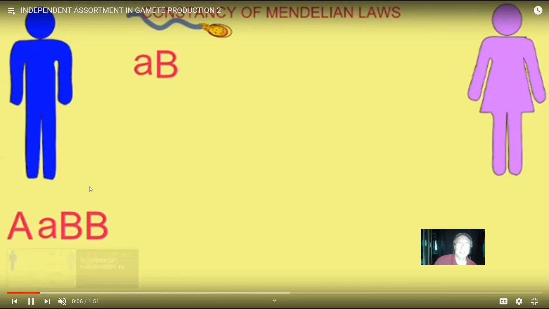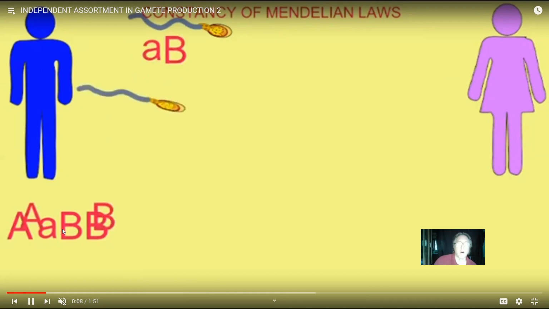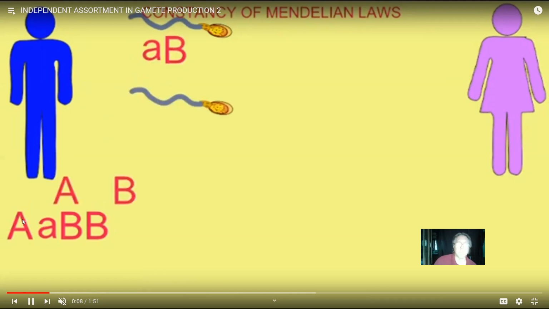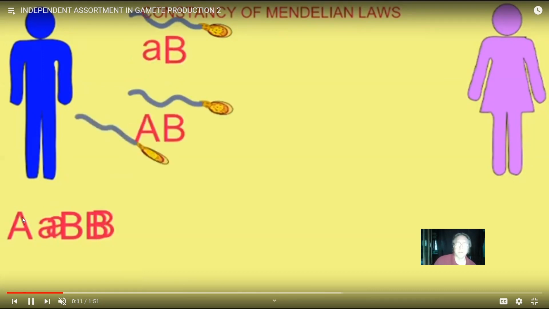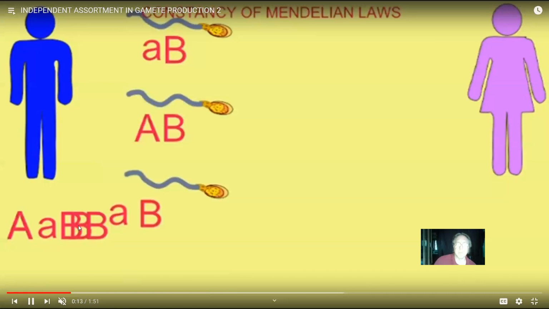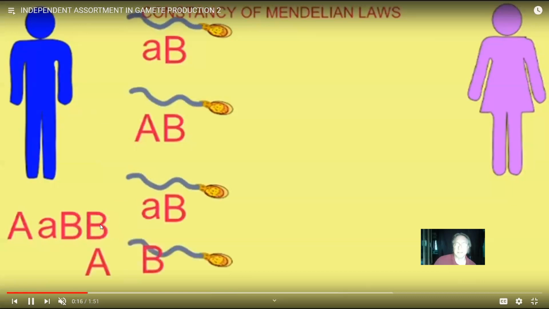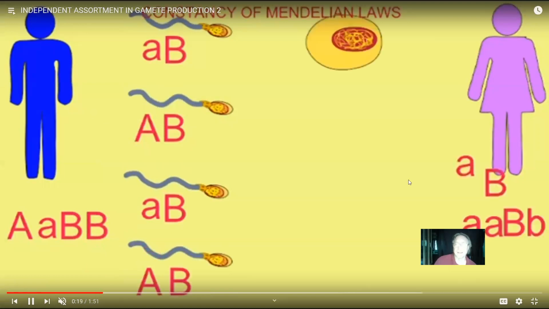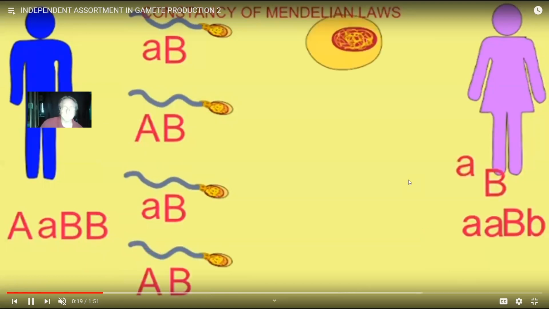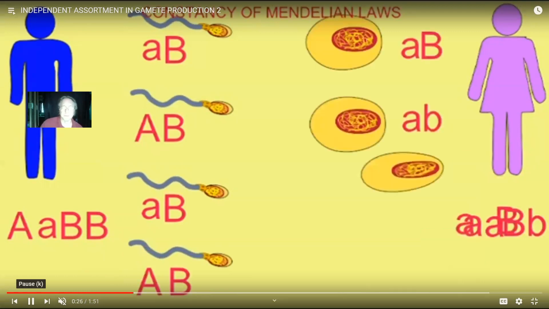So half of his sperm are getting a dominant allele, sometimes with this b that he got from his mother, sometimes with that b he got from his father. The other half of his sperm are getting the recessive allele for the first gene.